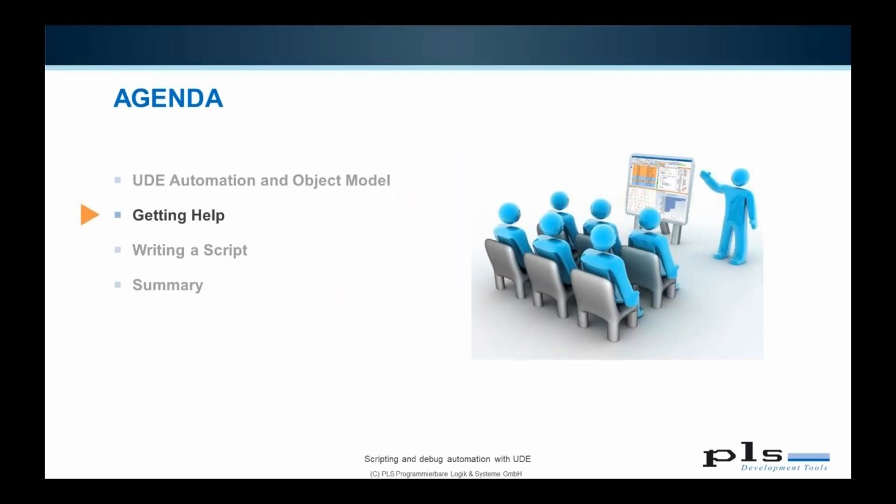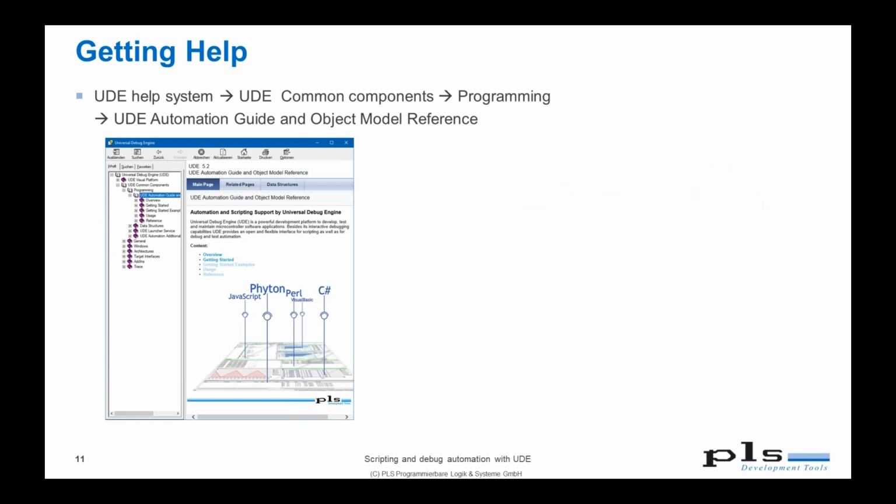So the most important thing if you want to start with scripting is how to get the help or how to get a reference of the software API. And this is very simple. In the UDE help system, you will find a chapter called UDE Common Components, and this chapter contains all the information about programming.